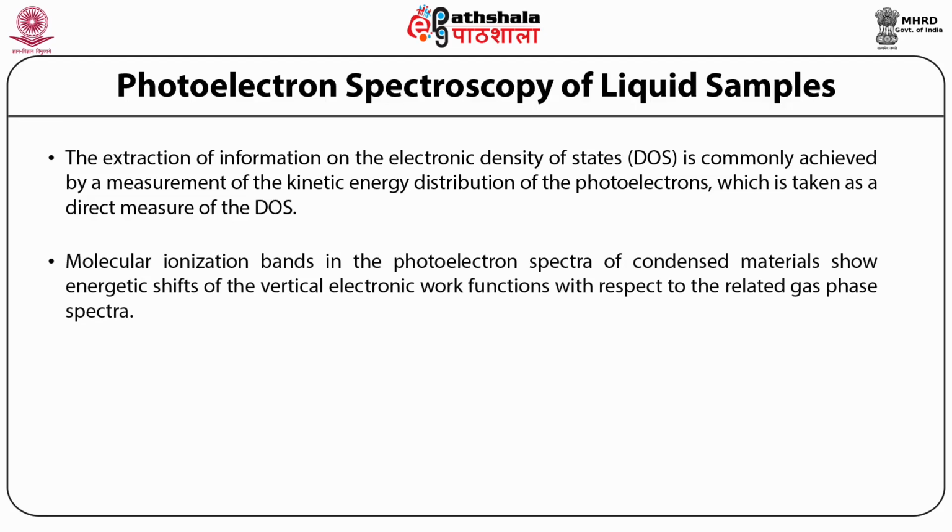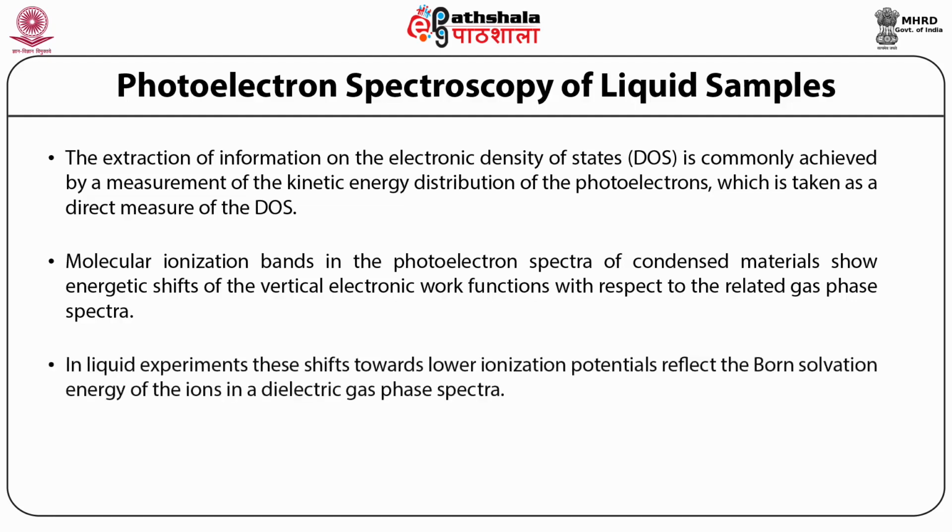Molecular ionization bands in the photoelectron spectra of condensed materials show energetic shifts of the vertical electronic work functions with respect to the related gas phase spectra. In liquid experiments, these shifts towards lower ionization potential reflect the bond solvation energy of the ions in a dielectric medium.